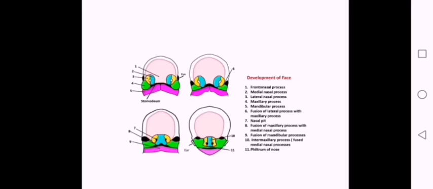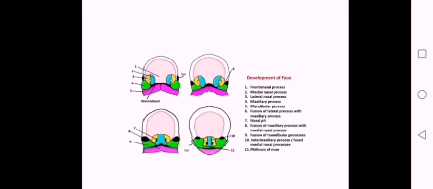As we can see, the black area here is the primordial stomodeum, which will later form the oral cavity. Then, as we mentioned, in the center of the nasal placode is the nasal pit, and the light blue color here is the medial nasal prominence, and the yellow color is the lateral nasal prominence.